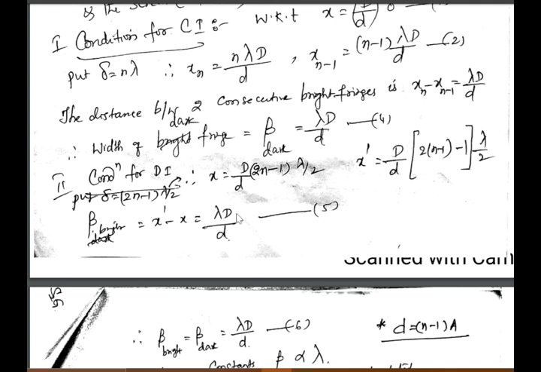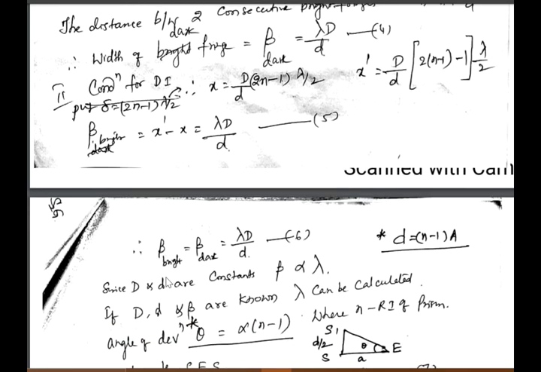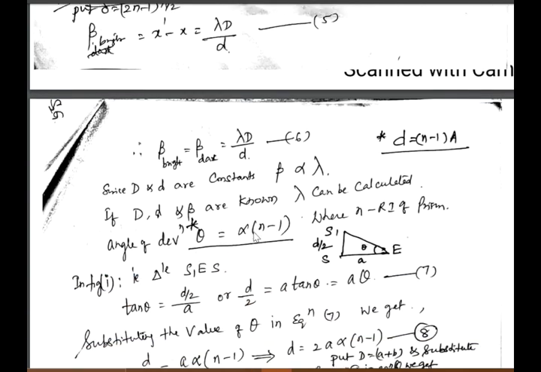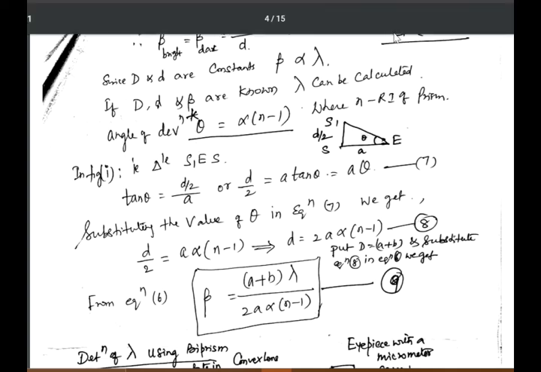Take the difference, you will get the width of the bright fringe, which is also equal to lambda D by small d. Therefore, beta bright is the same as beta dark, which is equal to lambda D by small d. So equation 6 gives you the fringe width of the interference fringes in a biprism experiment. And here, since capital D is not known to us, to find beta, we can use this formula.